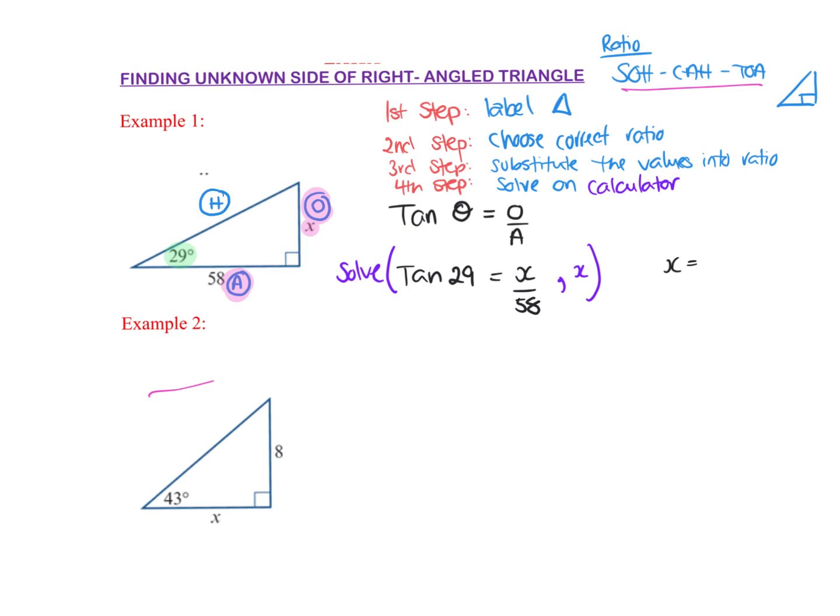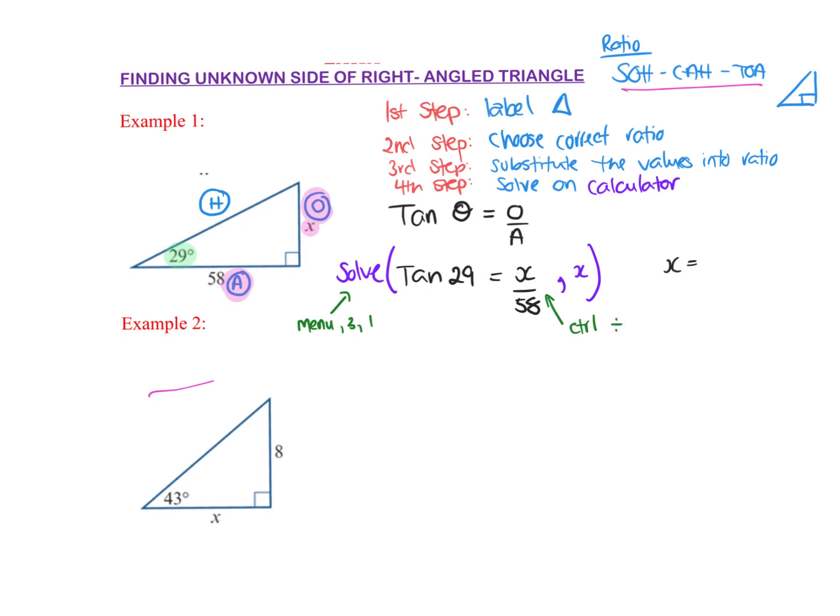Just to refresh our memories, does everyone remember how to get solve on our calculator? We can press menu, algebra, and then you'll get solve. And remember, to get the division fraction symbol, it's control divide.